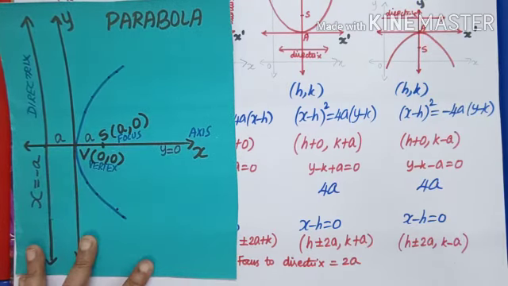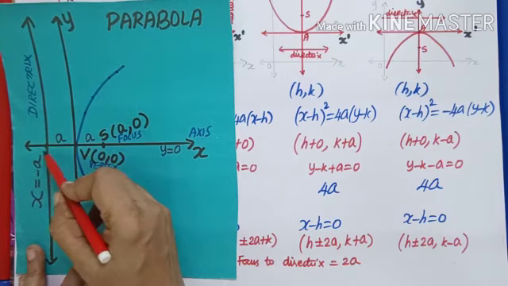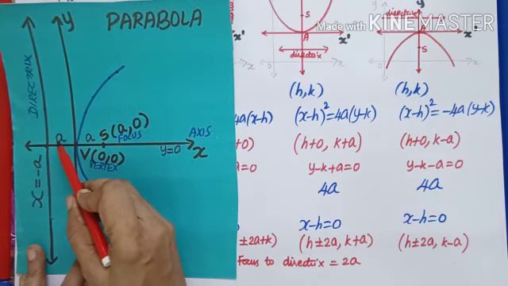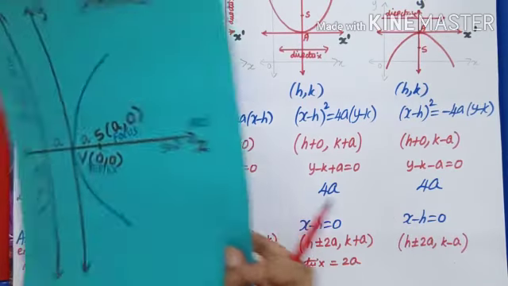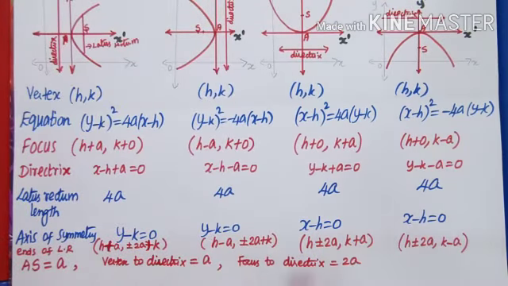That is also A. So focus to directrix, the distance is A plus A, that is 2A. So we have written all this as a formula: vertex to focus, A; vertex to directrix also A; focus to directrix, it will be 2A. Remember all this while doing exercise and example problems.